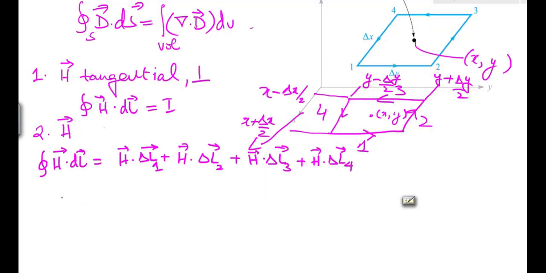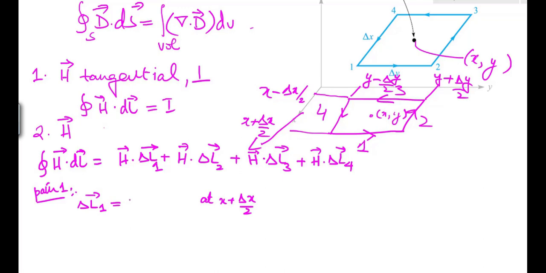Now coming to the path lengths. If we talk about path 1, what we have is delta L1. So delta L1 is equal to what? This path is at x plus delta x by 2. At x plus delta x by 2 we have a path with a magnitude as well as a direction.